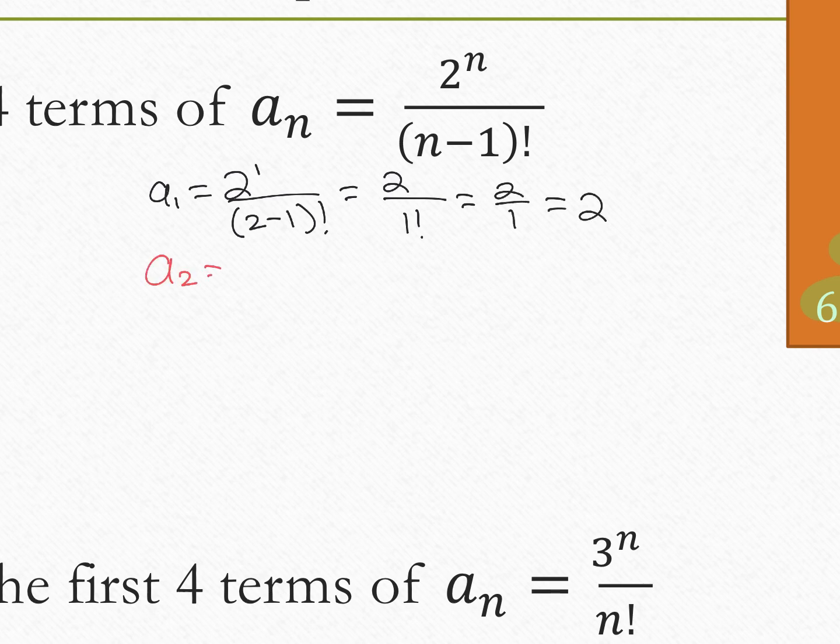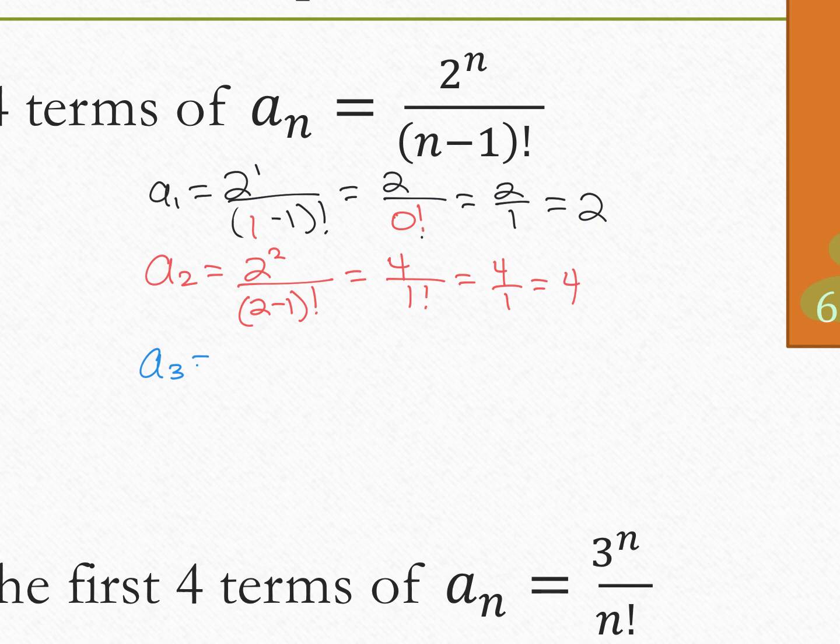For our second term, 2 to the second power over, whoopsies, hold on, I made a mistake. It should be a 1 factorial, this should be 0 factorial, which is still 1, it's still 2. Okay, sorry. Moving on, 2 minus 1 factorial, 4 over 1 factorial, or 4 divided by 1, 4.